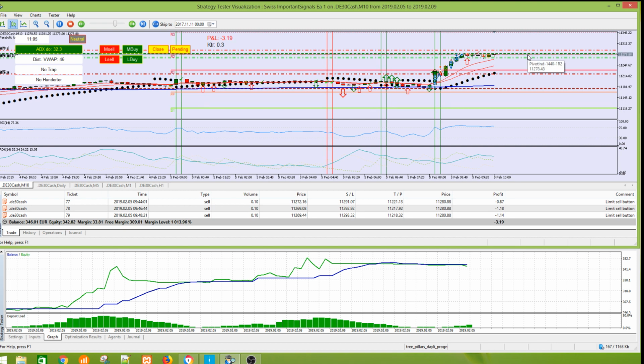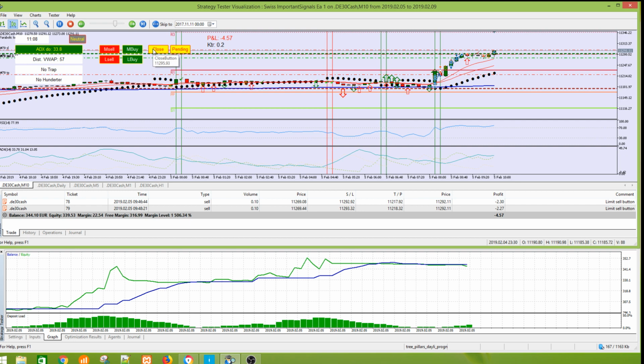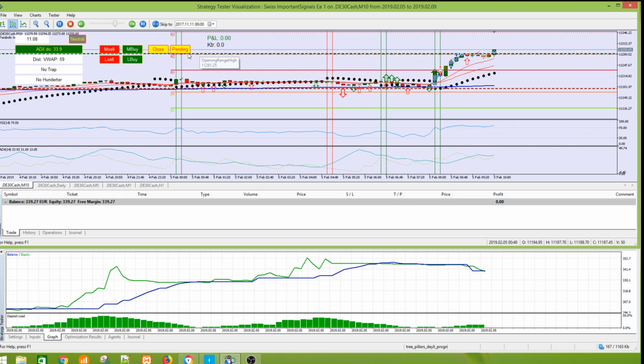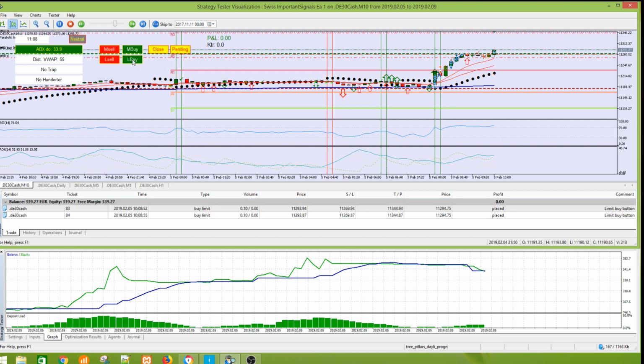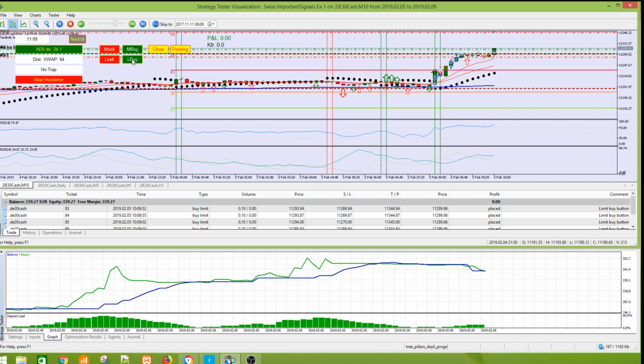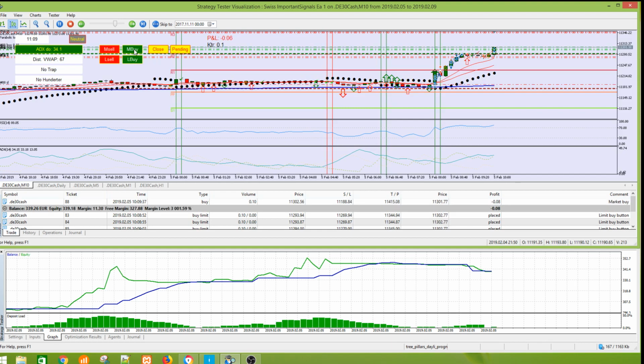This opening range is a bit high. Oh, it's the wrong direction. Stop loss. This 3.8 here just goes in the other direction.